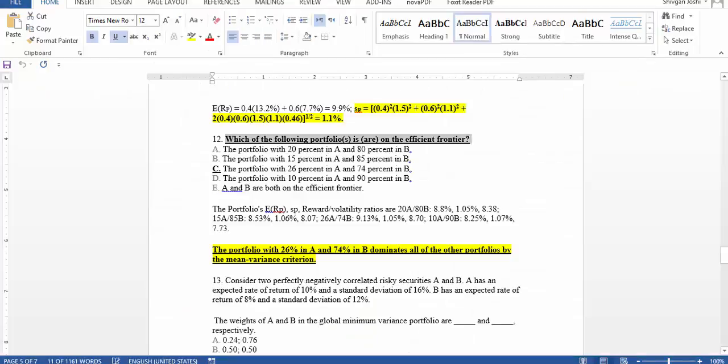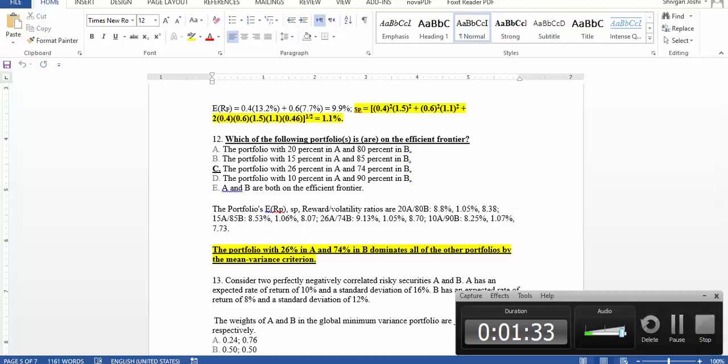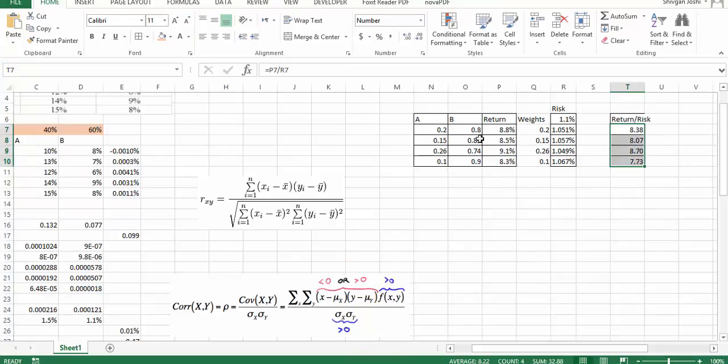Now I matched this number with here, which is 8.8 1.05. Then it is for this one, and this is the ratio. Then it is 8.53 1.06. This is 8.06, and the return is 8.5, and then here 9.1 and 1.049.